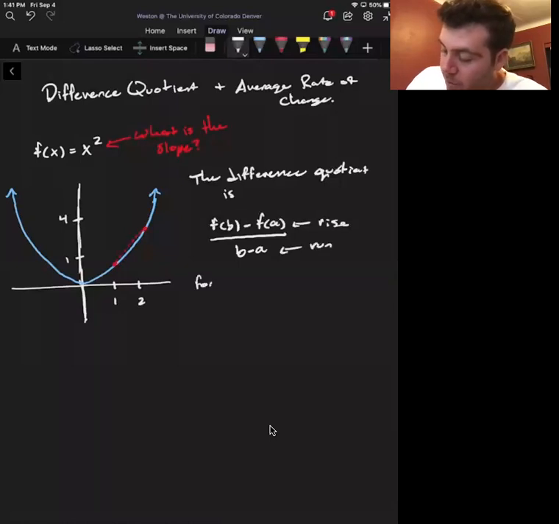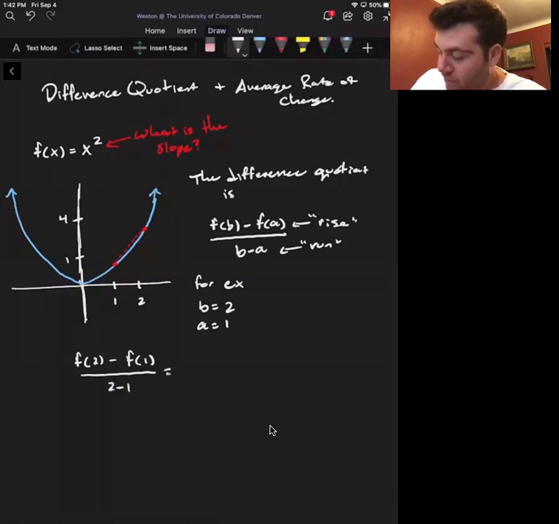So for our example, b equals 2, a equals 1. We have f of 2 minus f of 1 over 2 minus 1, and that'll return 4 minus 1 over 2 minus 1, which is 3.